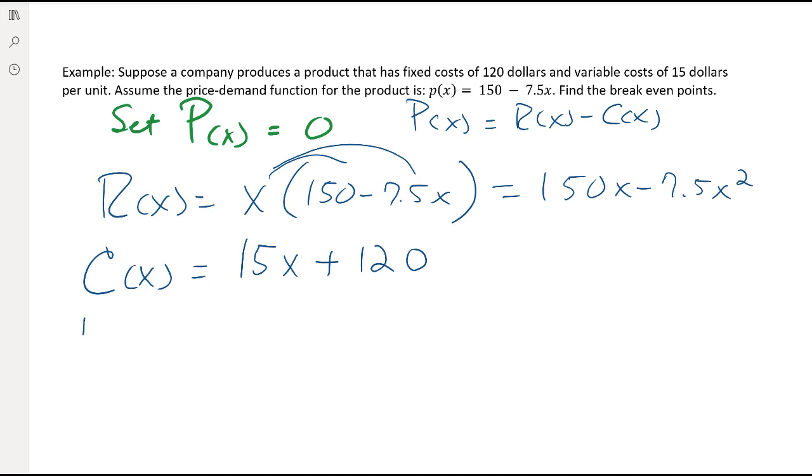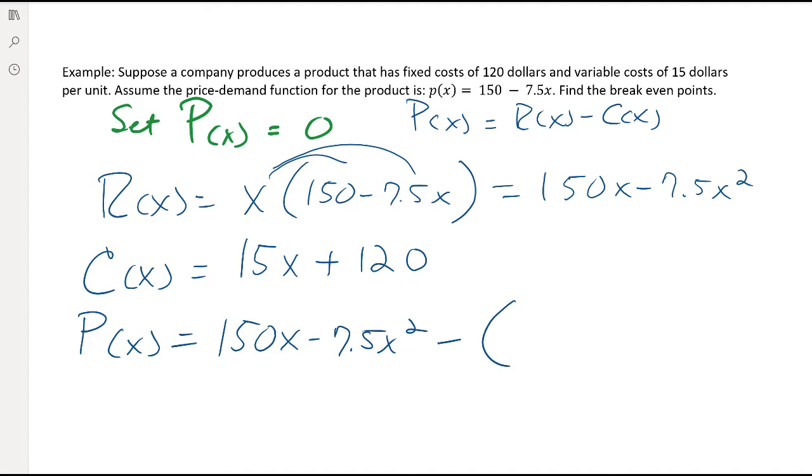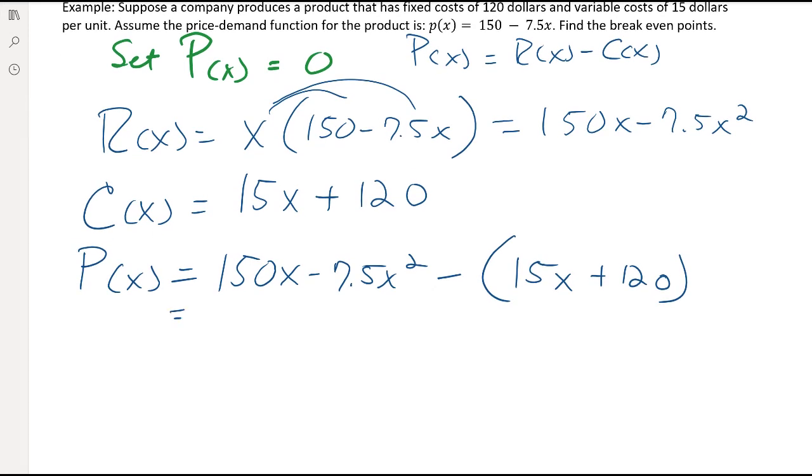Now we can calculate our profit function. So what's the profit function? It's your revenue, 150x minus 7.5x squared, minus the quantity, in parentheses, your cost function, which is 15x plus 120. All right, let's distribute our negative. So minus 15x minus 120.